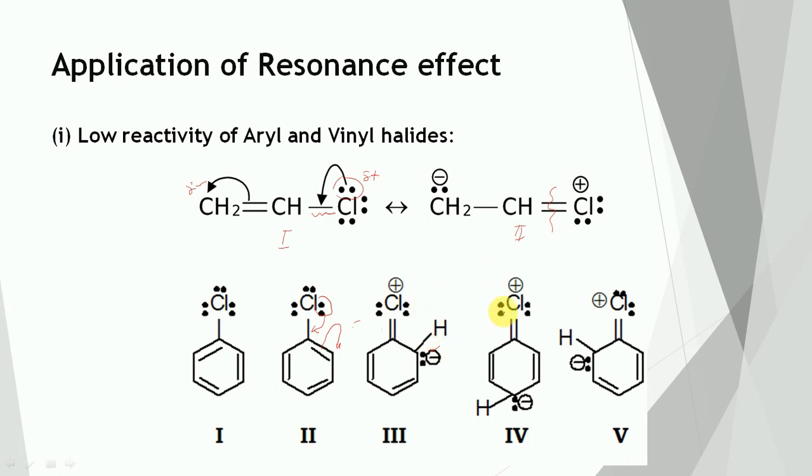So these are the various resonating structures for aryl halide. And due to the partial double bond character of carbon and Cl, the reactivity of aryl halide is less in comparison to alkyl halide.